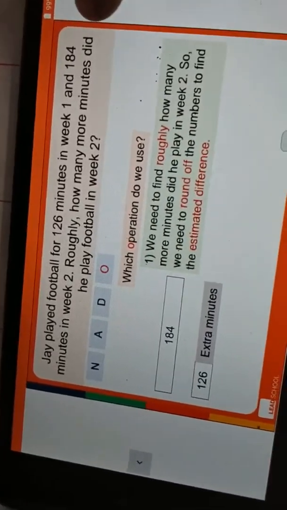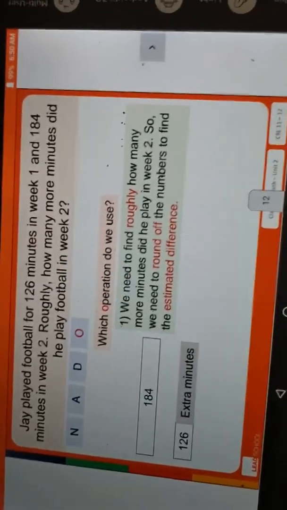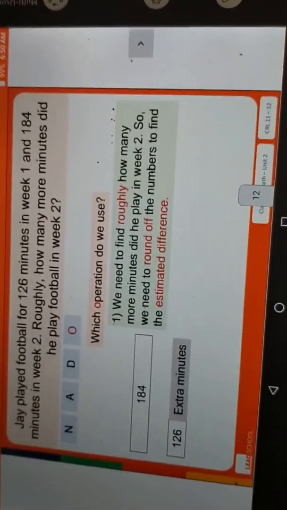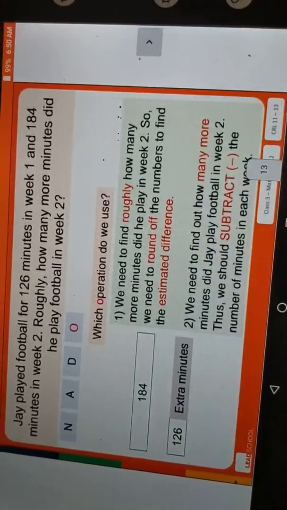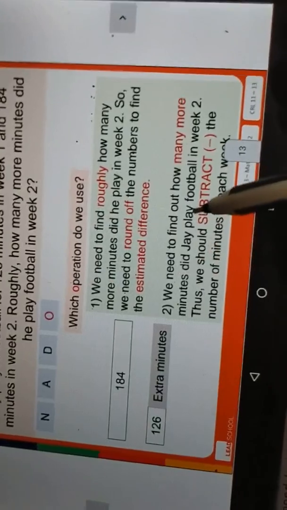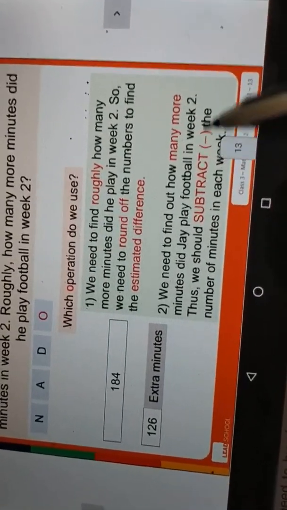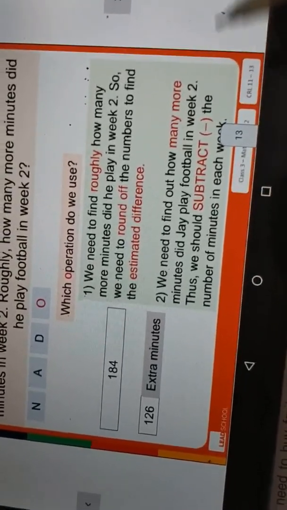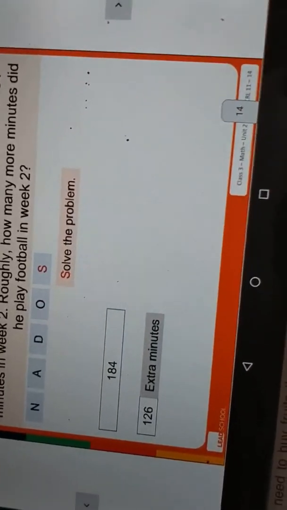We need to round off the numbers to find the estimated difference. So to find how many more minutes Jay played football in week 2, we should subtract the minutes in each week. हमें subtraction करना है. Okay.